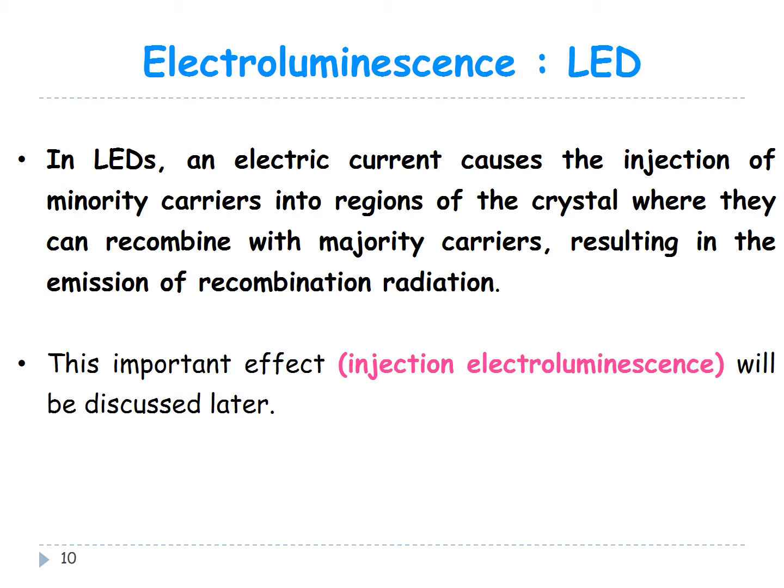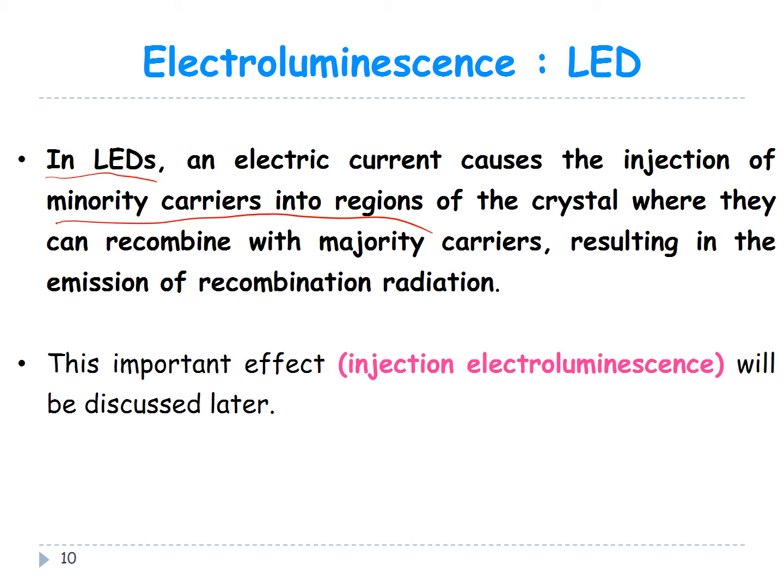Electroluminescence is what we are going to cover in chapter 5, where the excitation mechanism is now the application of current to the semiconductor. In LEDs, which means light emitting diodes, an electric current causes the injection of minority carriers into regions of the crystal where they can recombine with majority carriers, resulting in the emission of recombination radiation.